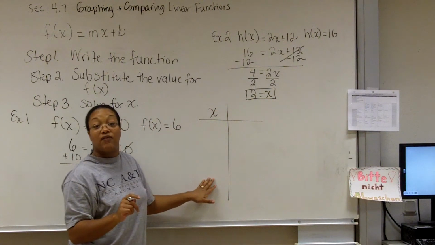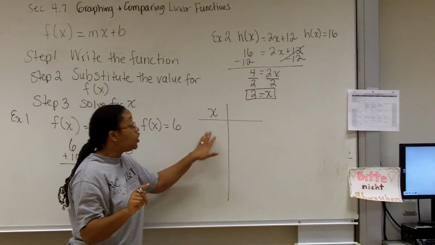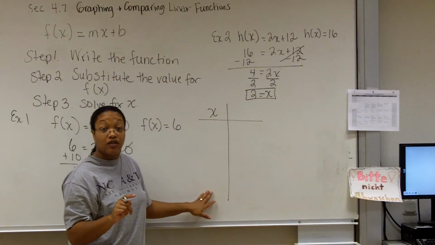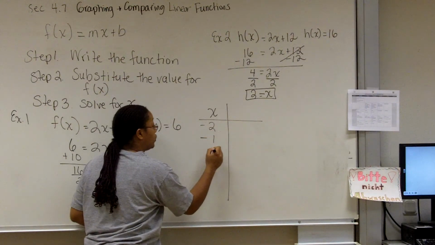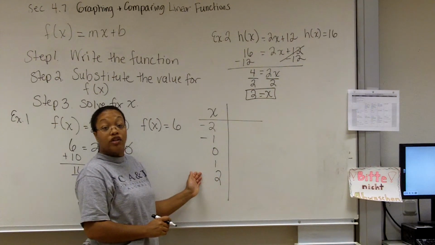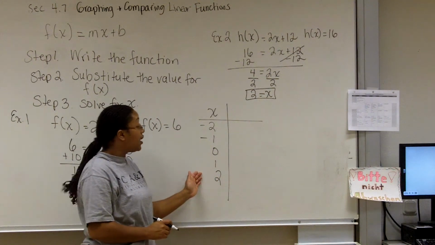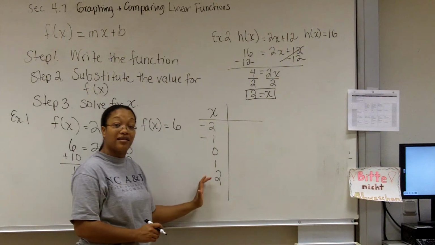Sometimes they give you the x values, and sometimes they don't. When they don't, do you remember what our default domain is? This is what I always use. Do you have to use it? No. Should you? Yes. Because I'm covering everything. I've got negatives, I've got my 0, I've got positive.